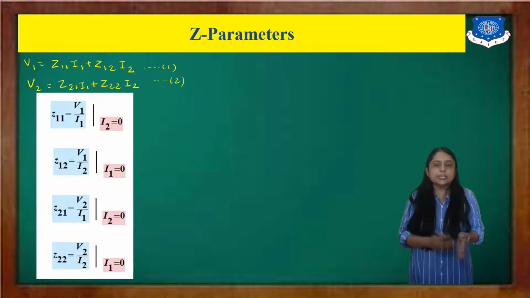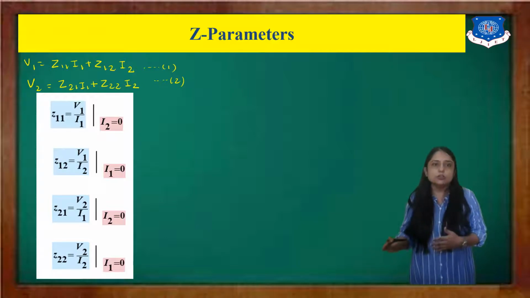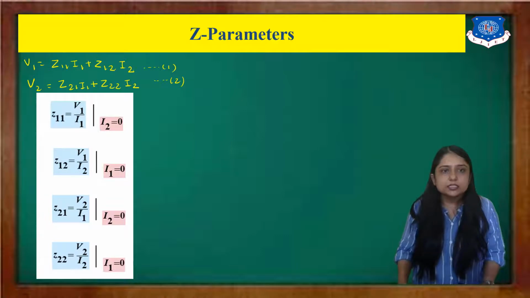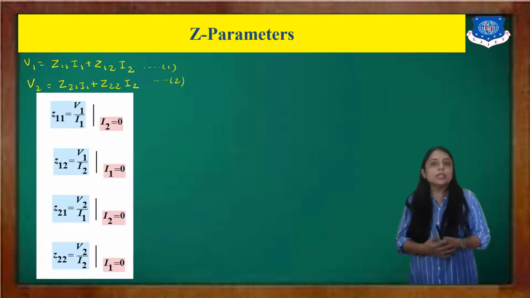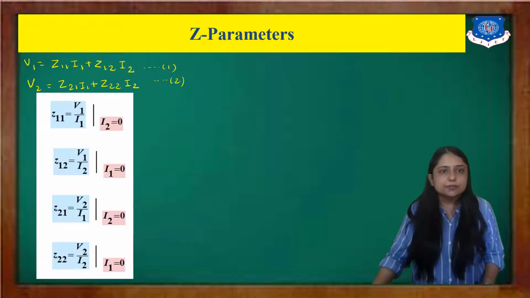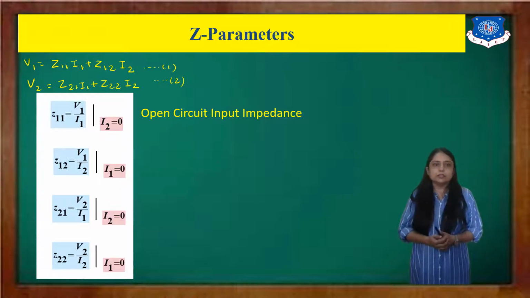The subscript 1 is dedicated to the input side, and 2 is the output side. We know that V by I is an impedance, or we can say a resistor, but here it is a Z parameter, so we consider it an impedance. So Z11 is known as the open circuit input impedance. Why is it open circuit?